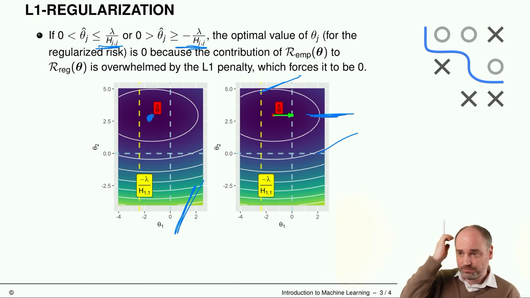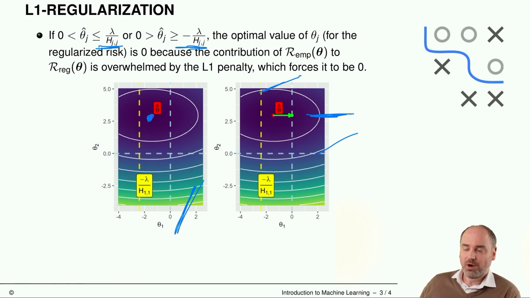If that's small, with higher likelihood we are inside of that limit, right? Inside of these bounds. So we can be inside of these bounds with higher likelihood if the lambda is large, so if we regularize more, or if the H entry is small, because we divide by that.